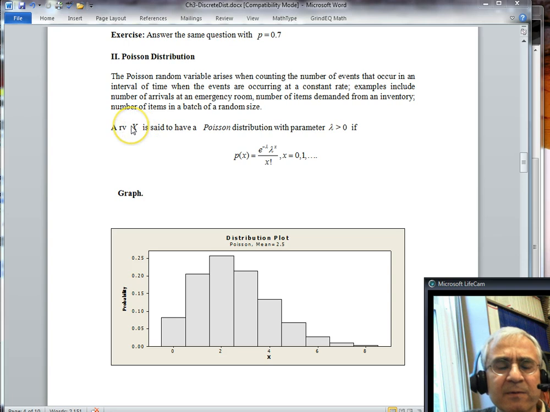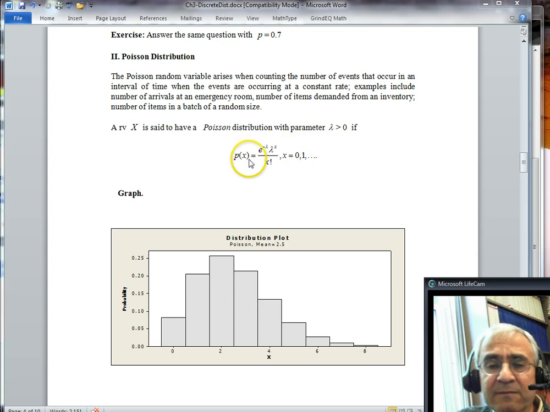So if you have a random variable x which has a Poisson distribution, the formula would look like this one here. The Poisson has one parameter versus the binomial which had two parameters, n, number of trials, and p, the probability of success. In this case, the Poisson has only one parameter, lambda, which turns out to be the mean.